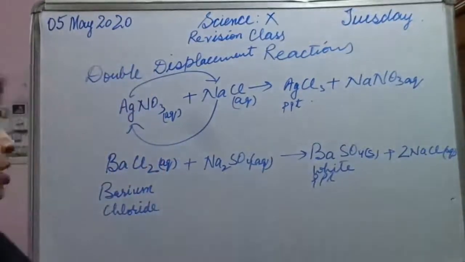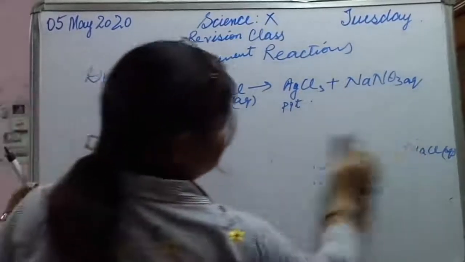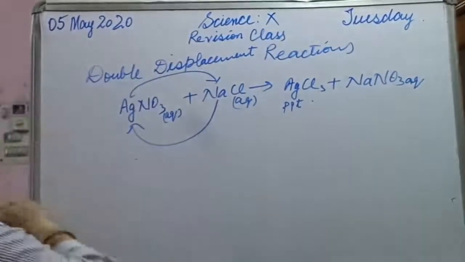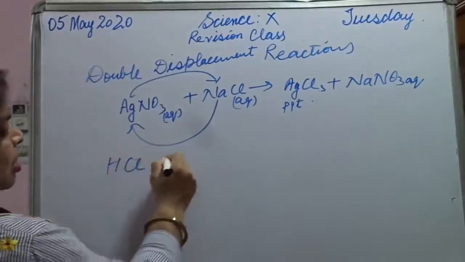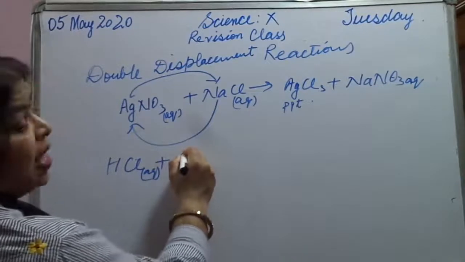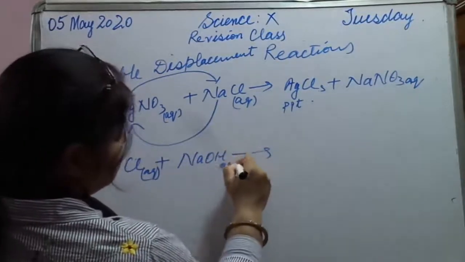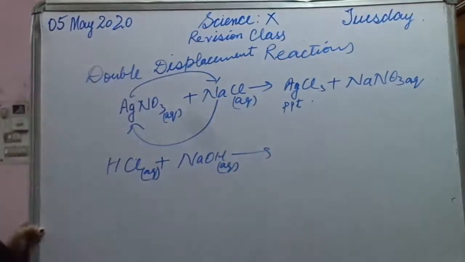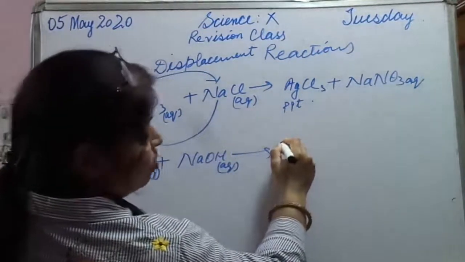Not only this, as you have learned in the chapter on acid and base, let us take an acid, HCl, in aqueous condition, then a base, NaOH, again aqueous. When HCl reacts with NaOH, what is formed?